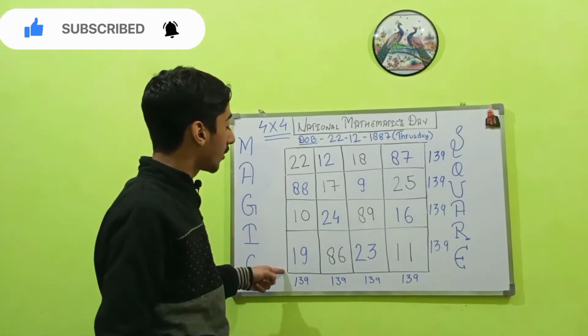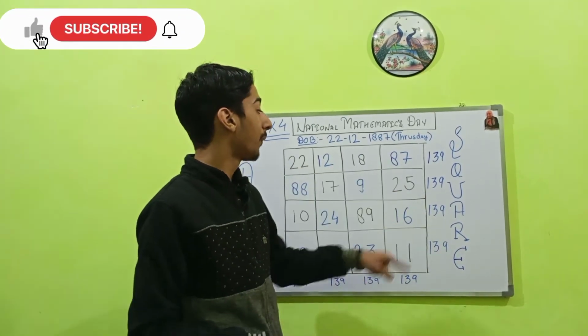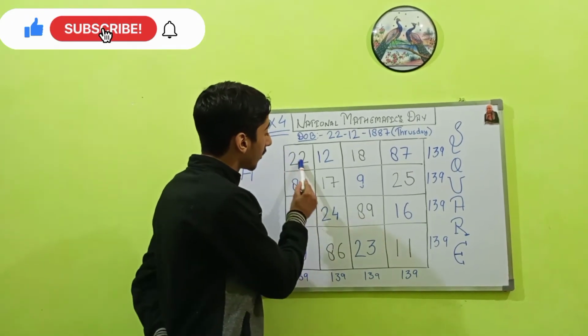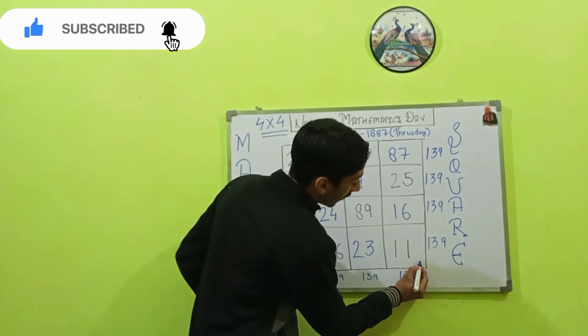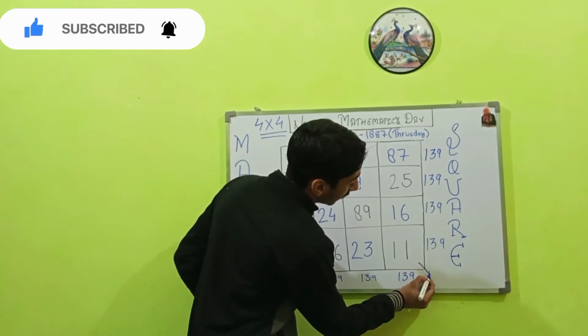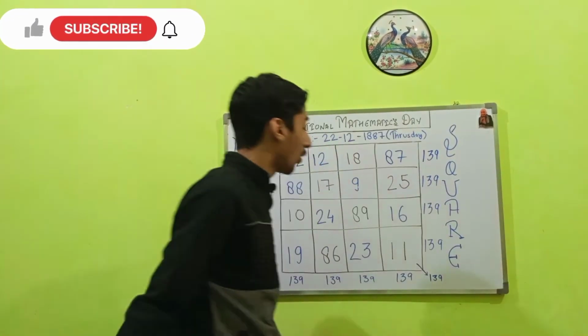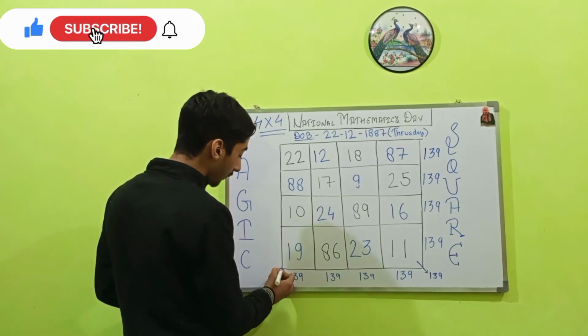If you add this column, you get 139, same here. Next, if you add the diagonals like this, then also you will get 139, from here and here also 139.